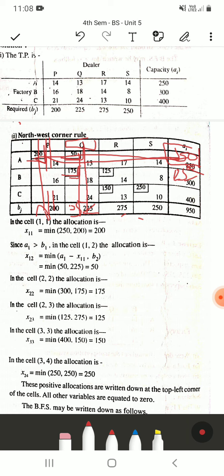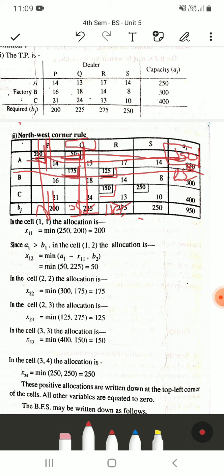So move to the next cell. Allocate between 125 and 275, whichever has minimum value. So 125 has minimum value, so allocate it in the box. So this whole thing is exhausted and 275 minus 125 you get 150. Now you have to allocate to the cell which is to the northwest corner.